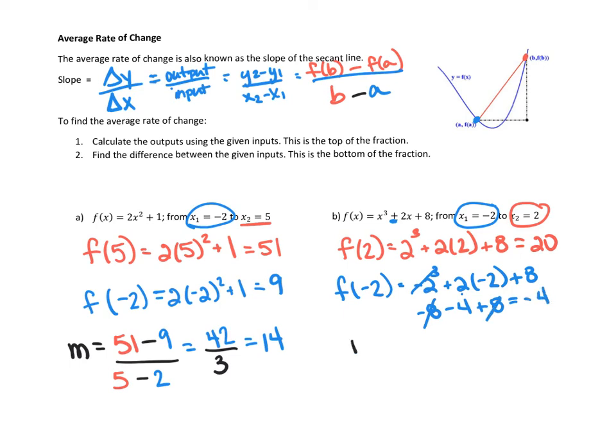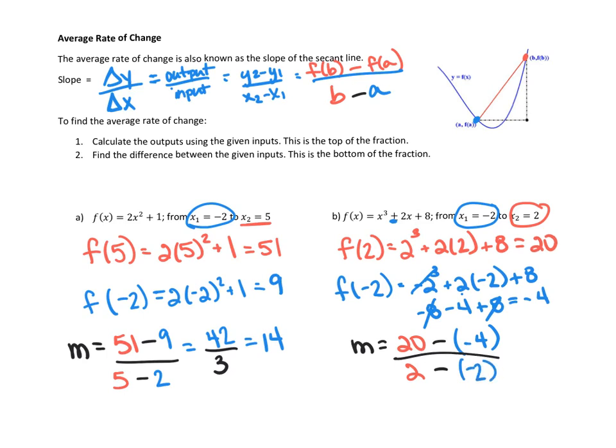So to find this slope now, m is equal to your 20 minus negative 4, divided by the difference in the inputs. So that'll be 2 minus negative 2.